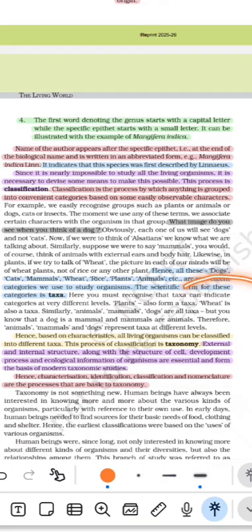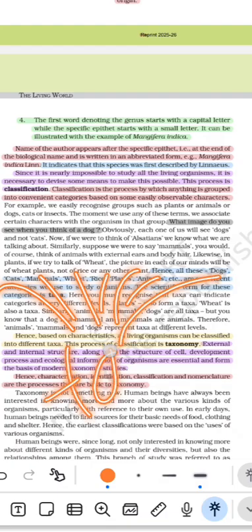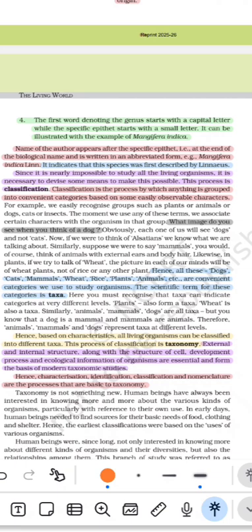Hence all the dogs, cats, mammals, wheat, rice, plants, etc. are convenient categories of organisms we used to study. The scientific term for this category is taxa.